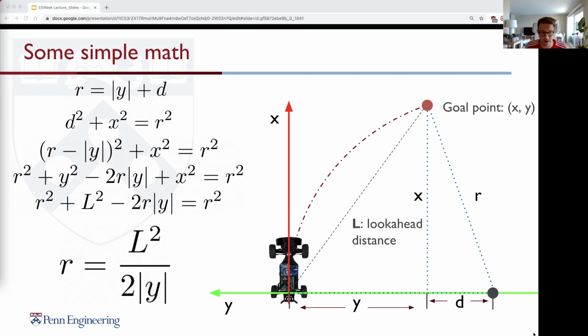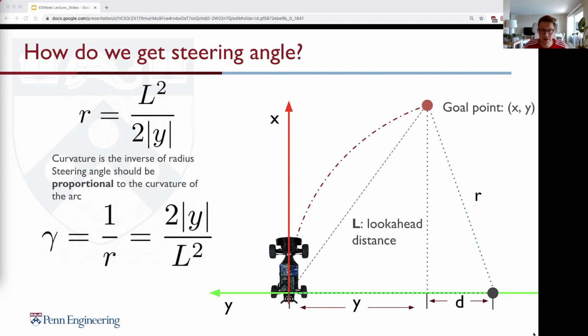The radius of the arc is the look-ahead distance squared divided by 2 times the y position of the goal point. And this is the equation we needed from a geometric point of view to now help us come up with the steering angle.